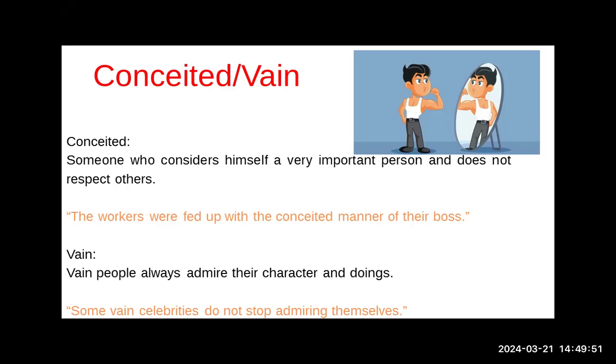Everyone loves themselves, but too much, right? Like you're always checking yourself out. So that's vain. Conceited is when you think you're a very important person, more important than other people, and you don't respect others. So you're conceited. It's arrogant.